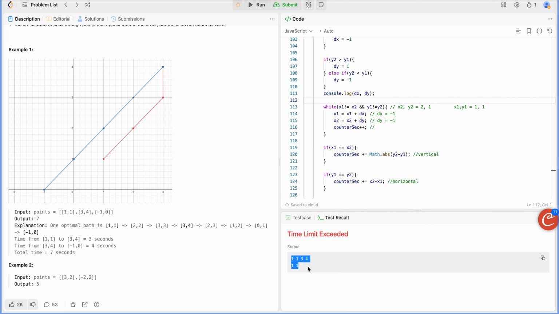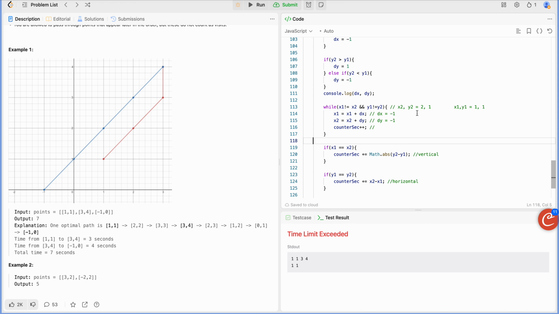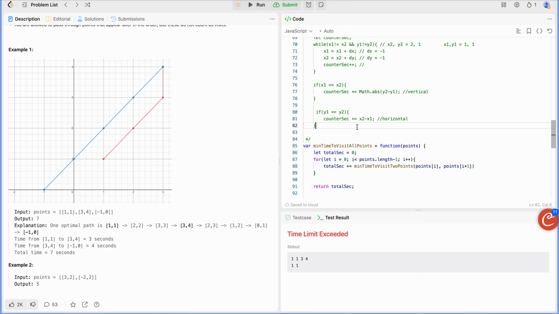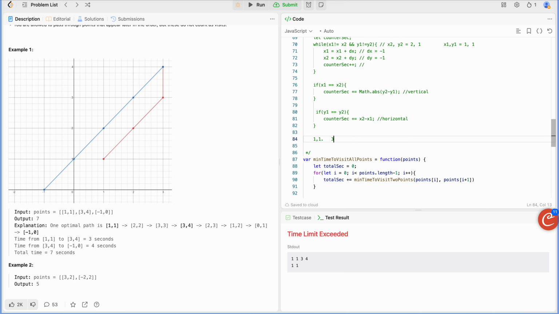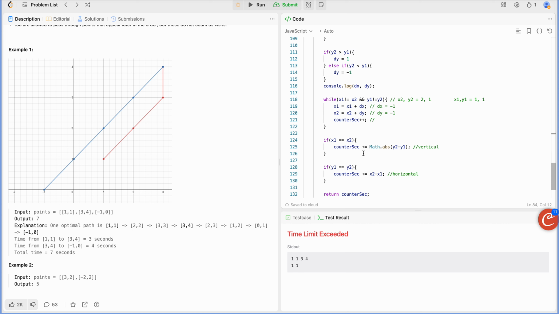So 1, 1, 3, 4, right? So 1 plus 1 will be 2. If it is 1, 1, 3, 4, then it will be 1, 1, 2, 3, 4, right? So x1, y, so 1 plus 1 will be 2, 2, and then 3, 3. So x1 and x2 are equal now, and it should exit.